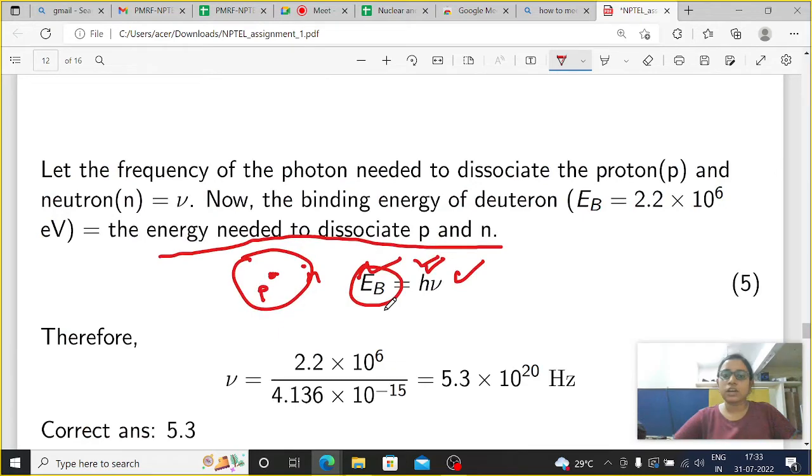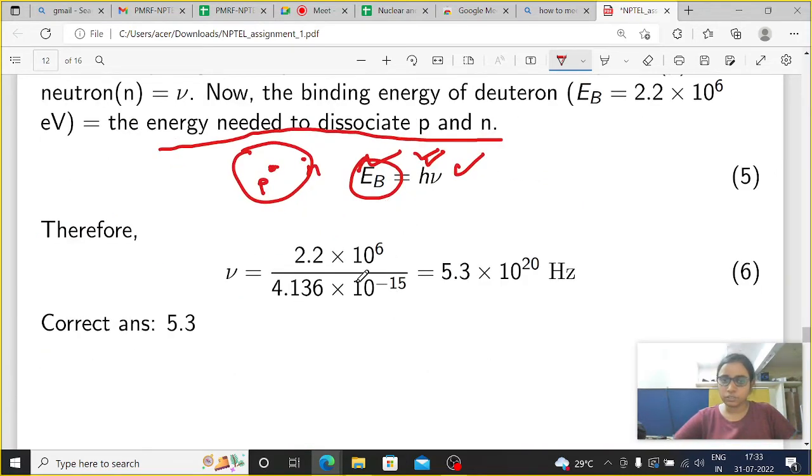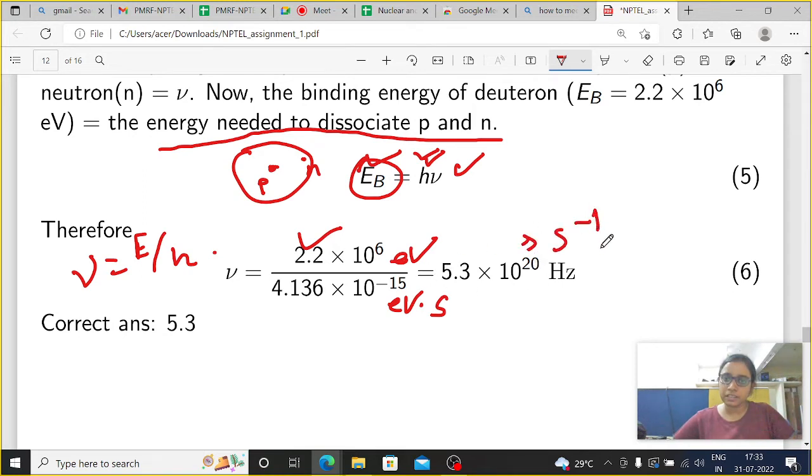So after converting all the things in electron volt, we are just going to calculate nu, which will be E divided by h. So E is 2.2 into 10 to the power 6 eV, and h is 4.136 into 10 to the power minus 15 eV second. So the expression will be in second inverse, which is nothing but Hertz.